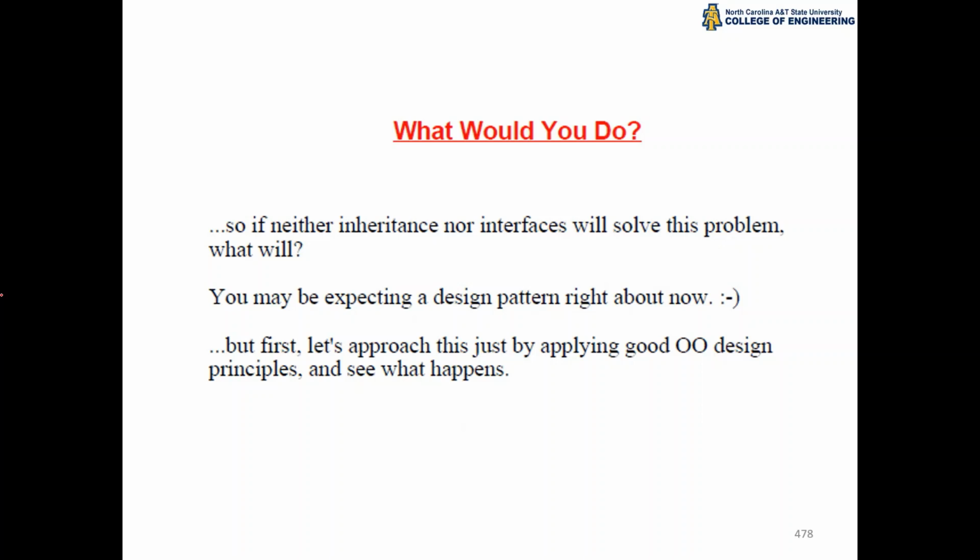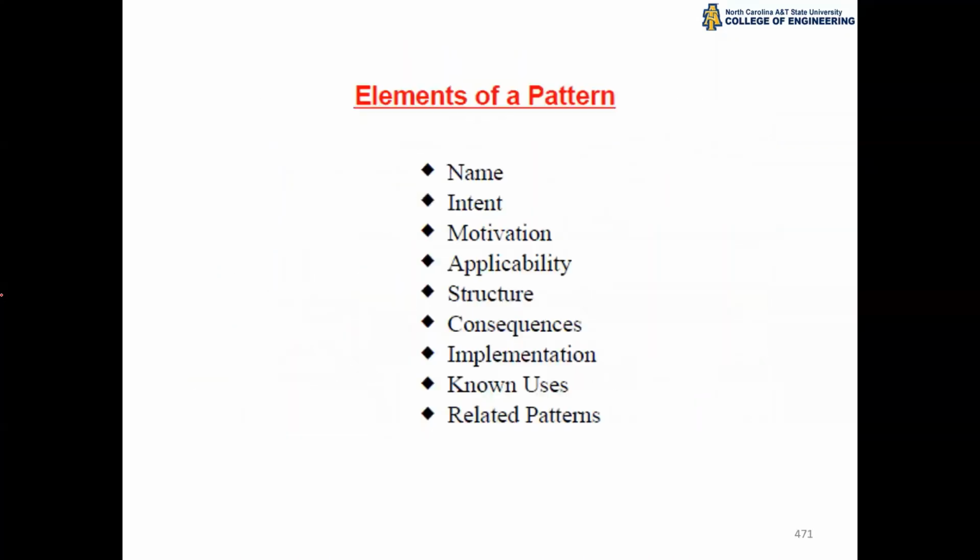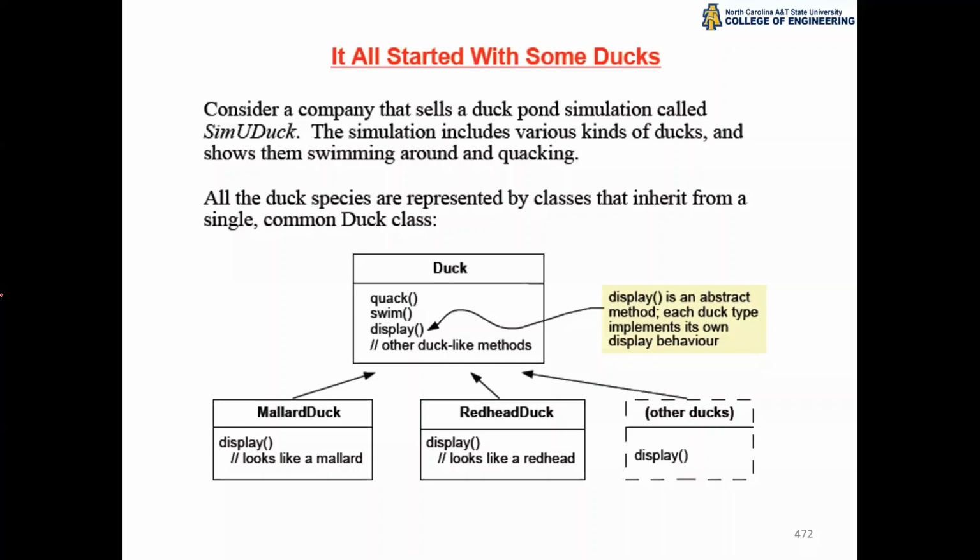For example, in this case, we started with a typical Duck class and several subclasses. We started with inheritance, so all the subclasses inherit the behavior from the Duck superclass, like quack, swim, and display. Each subclass has its own behavior, but they inherit everything from the superclass.